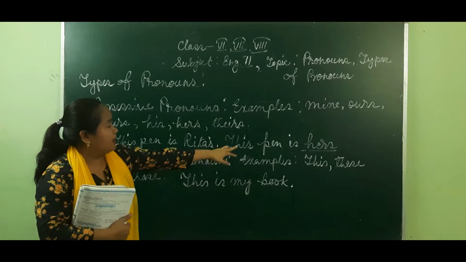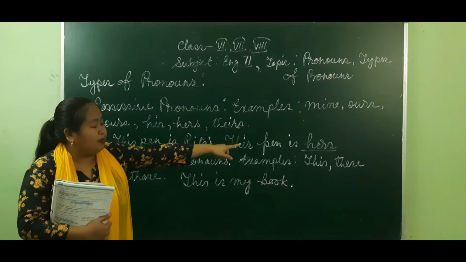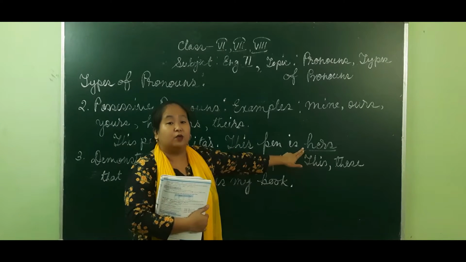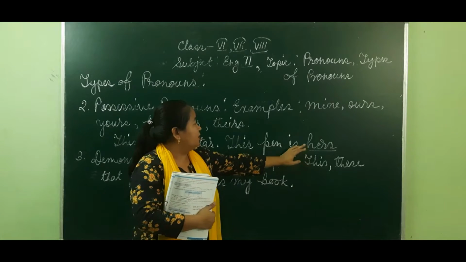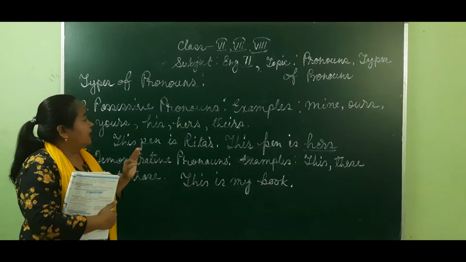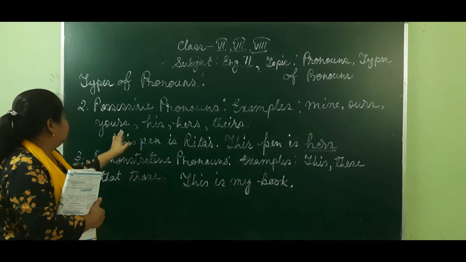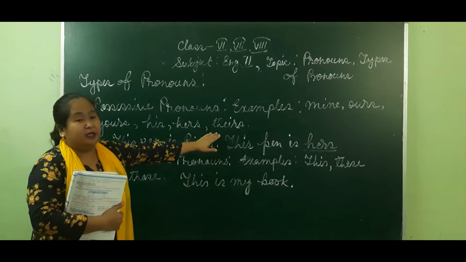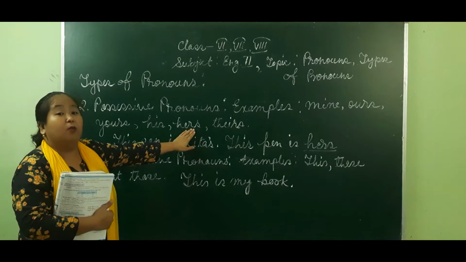This pen is hers. Now in place of the noun Rita, we replace hers. So the pronoun hers shows possession, so this is a possessive pronoun. One thing you should know is that we do not use an apostrophe in possessive pronouns: ours, yours, his, hers, theirs. There is no apostrophe. And we do not have a possessive form of it.